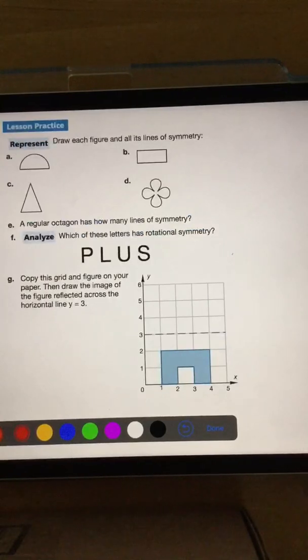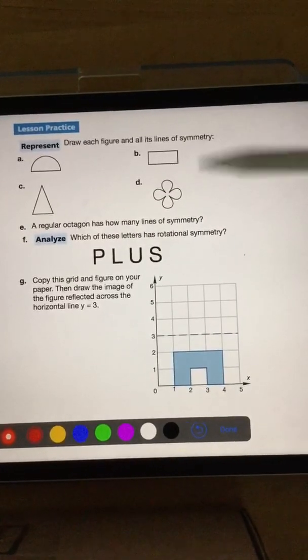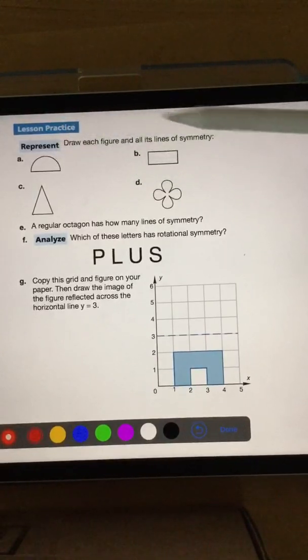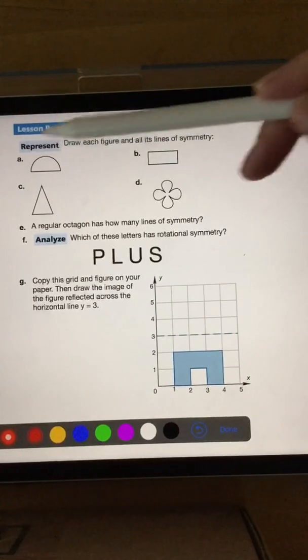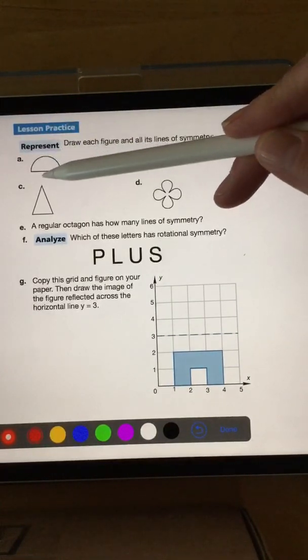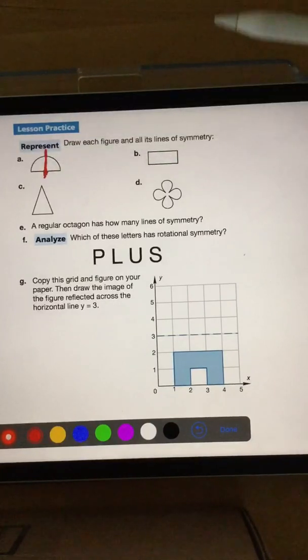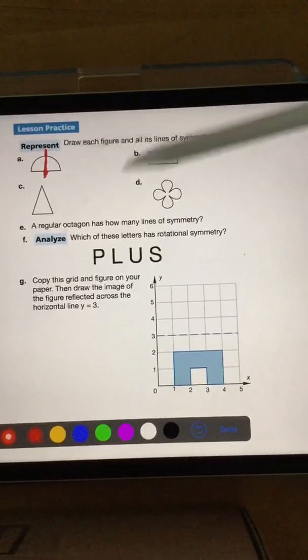All right, so here we go. We have lesson practice. In the practice, you draw each figure and all the lines of symmetry. So as I'm looking at this shape right here, I know that I could go down the middle for the line of symmetry, correct? Now, that's a semicircle.